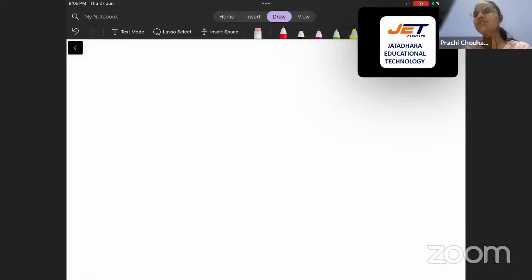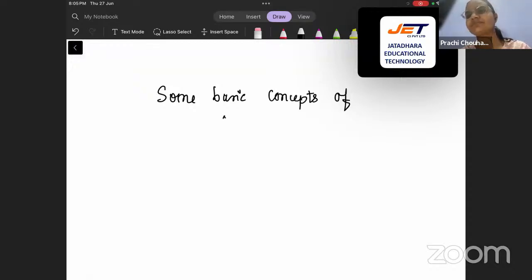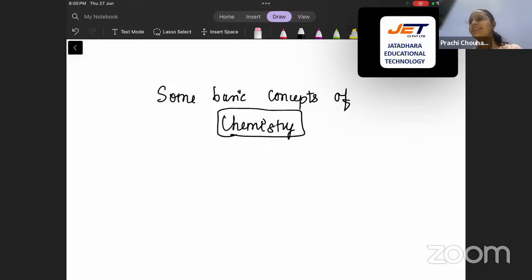So basically today we will be starting with some basic concepts of chemistry. And before that, we have to understand why it is so important to learn about chemistry and where around us exactly this subject is useful.